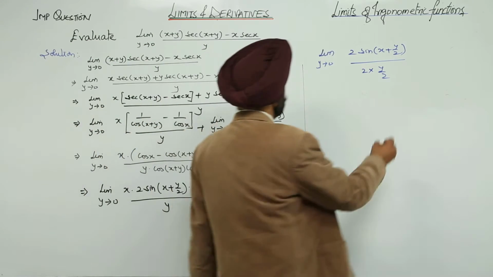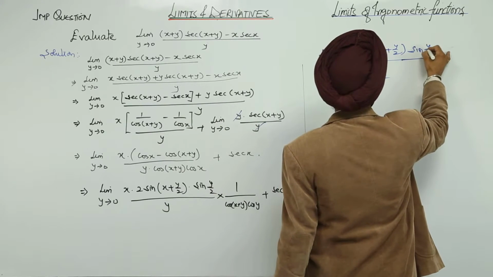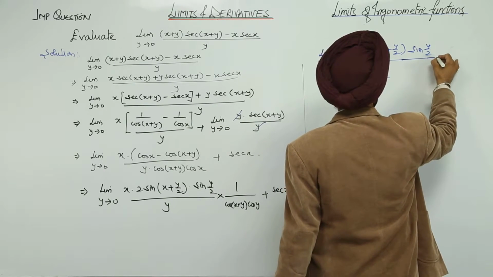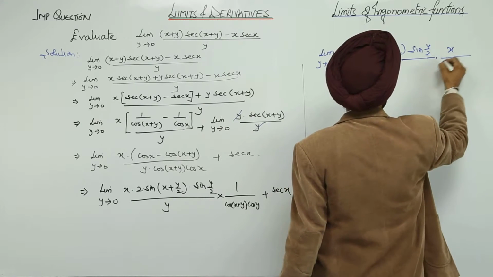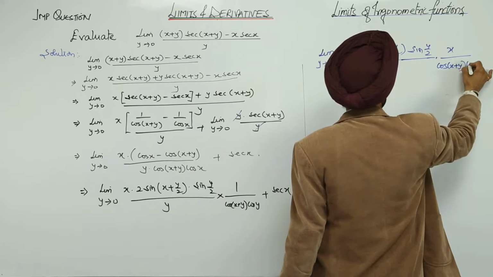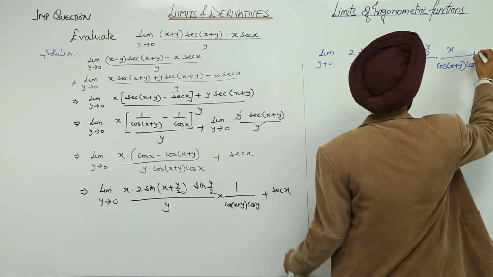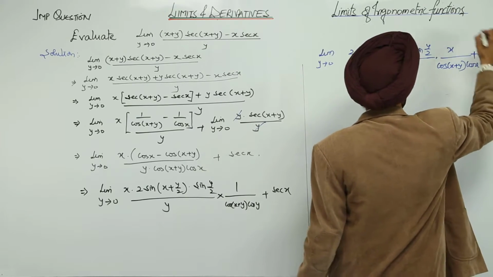Okay. With sin y upon 2, with x upon cos x plus y cos x, plus this secant x.